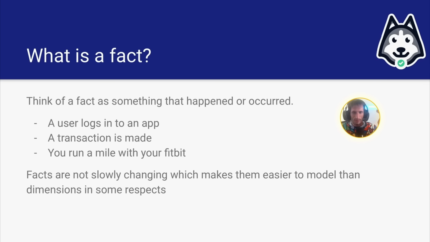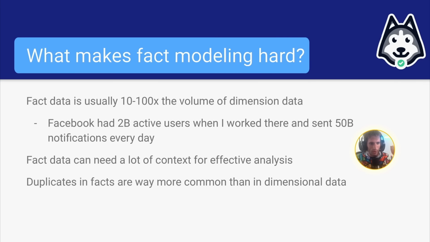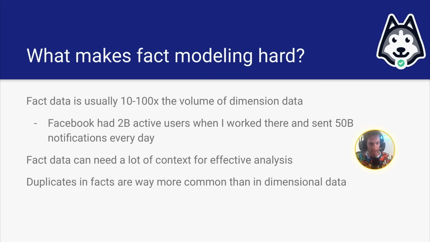Okay, so facts are more challenging because there's a lot more of them. Let's go back to the number of steps that you take every day. If you have 10,000 steps a day, that's a lot more data than you as a person.